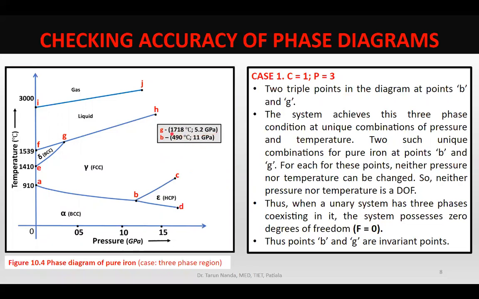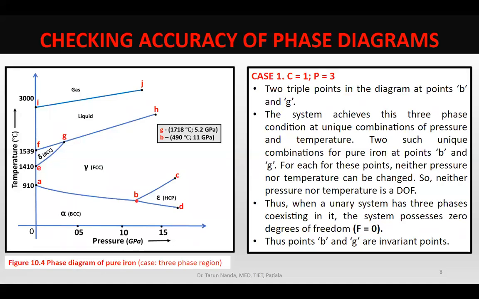And if any of the parameters, temperature or pressure, are changed, the triple points would be lost. So for both these triple points, or for any three phase region in the single component system, you cannot vary the value of temperature, you cannot vary the value of pressure when you are existing at some particular triple point.